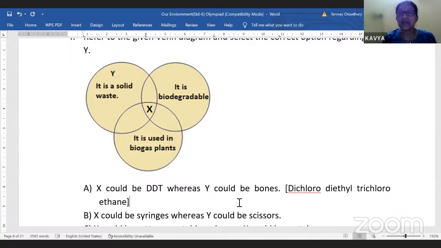In some countries it is still being used, but in most countries DDT spray has been banned because it is said to be non-biodegradable and also toxic. So X could be DDT? No, because it is non-biodegradable, it is not used in biogas plants and it is not a solid waste. Y could be bones. Yes, Y could be bones, but this statement is wrong.